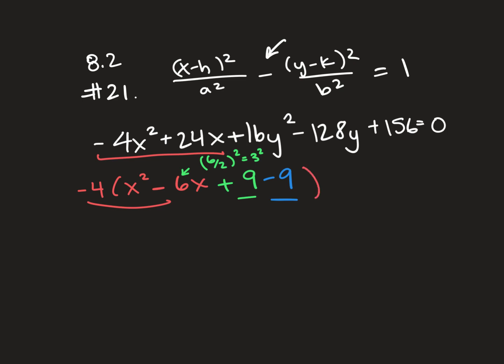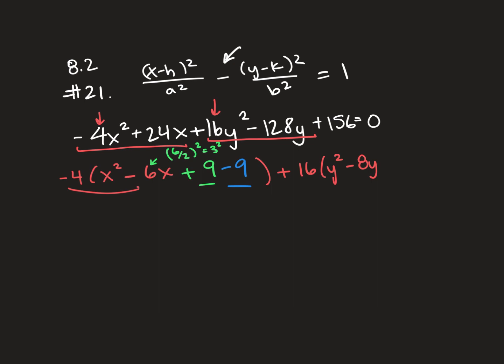And then we're going to do the same thing with the y's. So we're going to take out plus 16, and it's really just these coefficients in front of our squared terms. When we take that 16 out, we're going to be left with y squared minus 8y. Again, here we're going to want to add and subtract something.